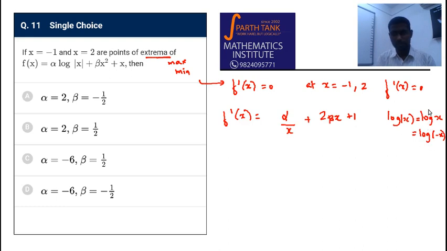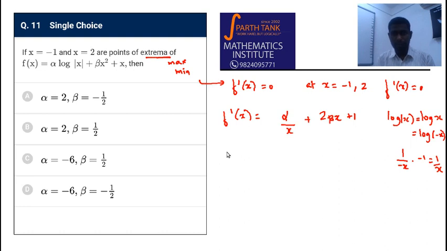This is for x greater than 0, x less than 0. So when you differentiate in the positive region it will be 1 by x. In the negative region when you differentiate this it will be 1 by minus x into minus 1 which becomes 1 by x again. So do not worry about the mod here. This is just alpha by x plus 2 beta x plus 1.